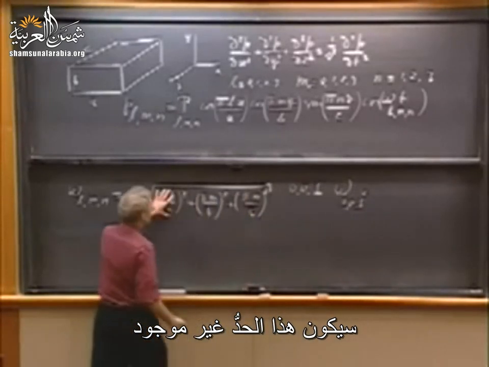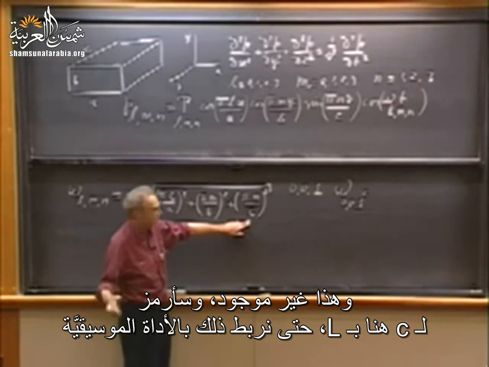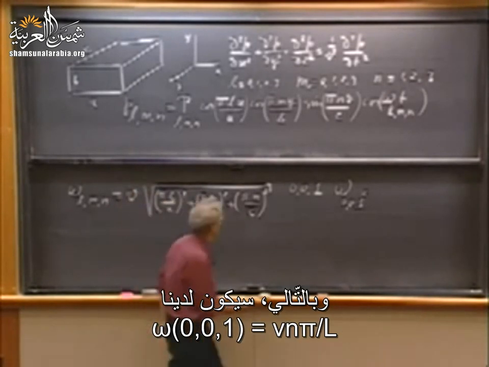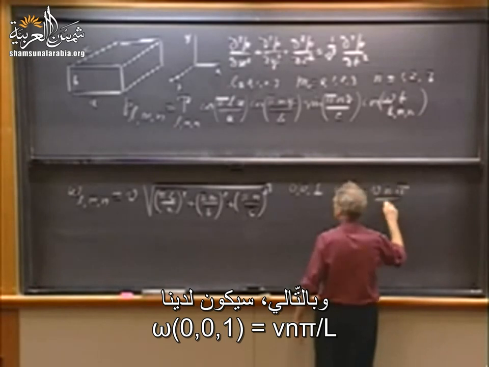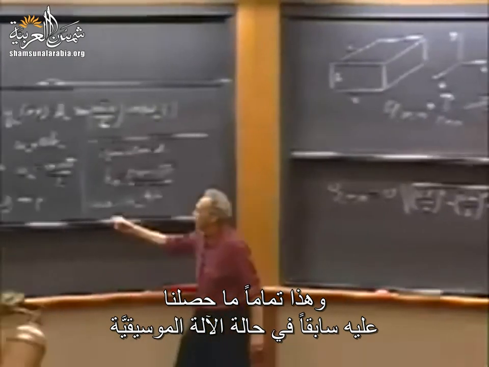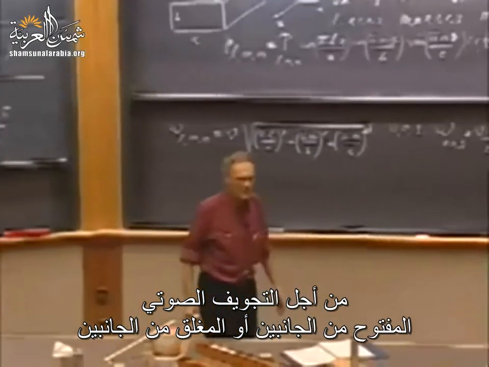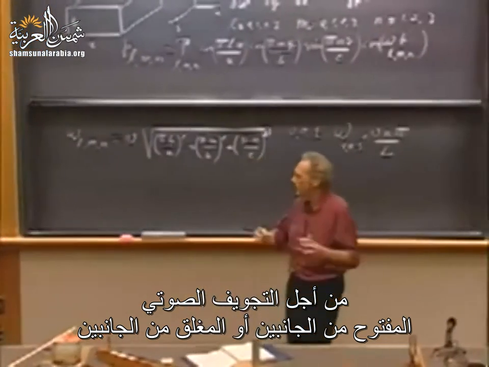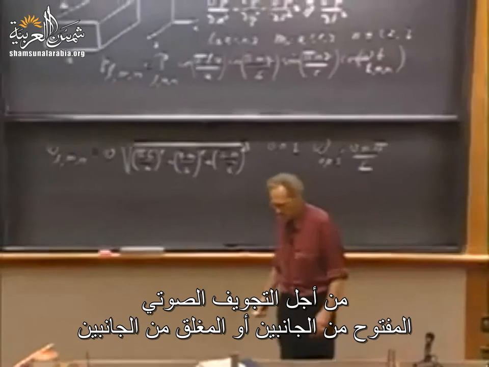So this is not there. This is not there. I call this now L to make the connection with my musical instrument. And so I get V times N times pi divided by L. And that is precisely what we had before for a musical instrument, for a sound cavity, which is open on both sides, or which is closed on both sides.